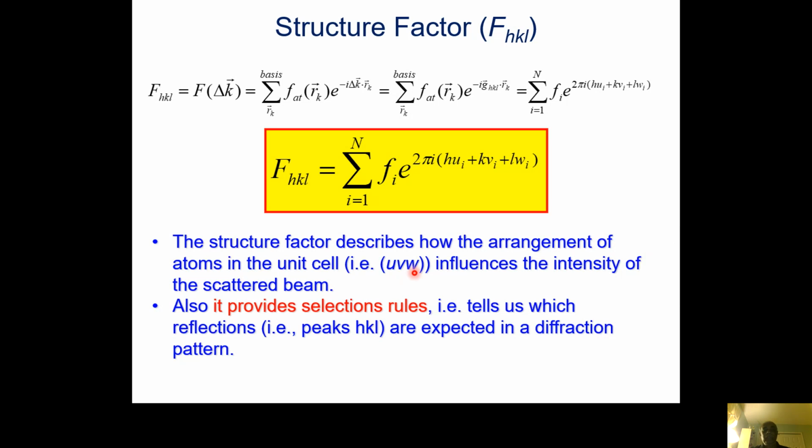So the intensity of each diffraction spot or peak is determined by these u, v, w coordinates. Also later you will find it gives you selection rules, that is, which crystal planes are allowed in the diffraction pattern. These are the two important things to remember about the structure factor.